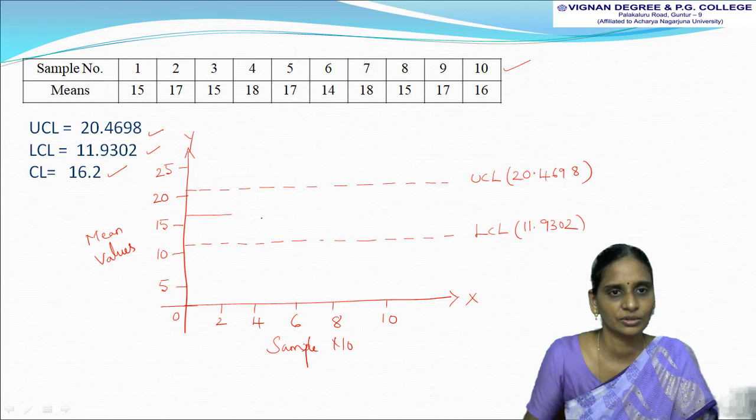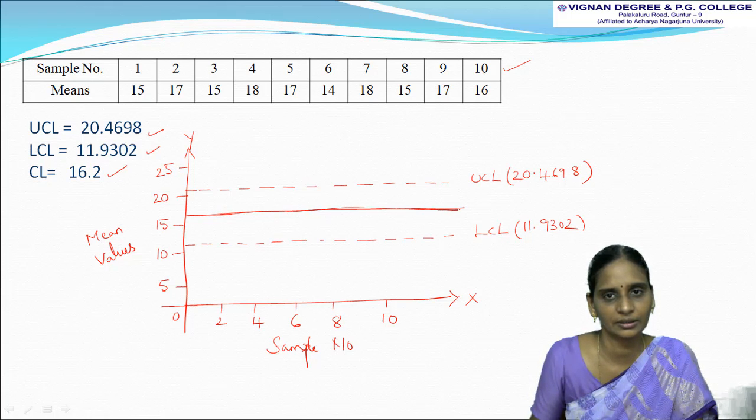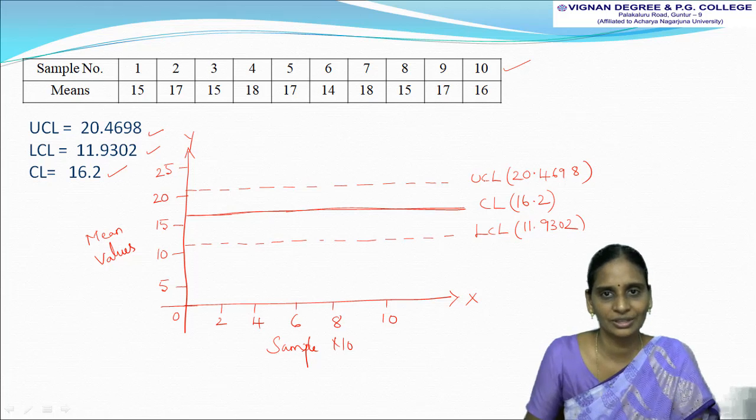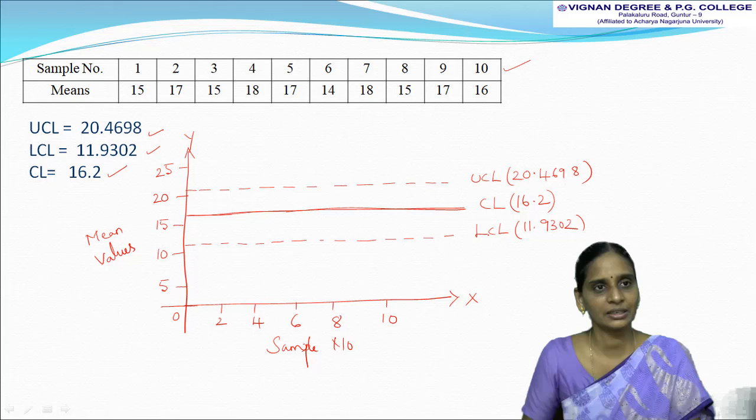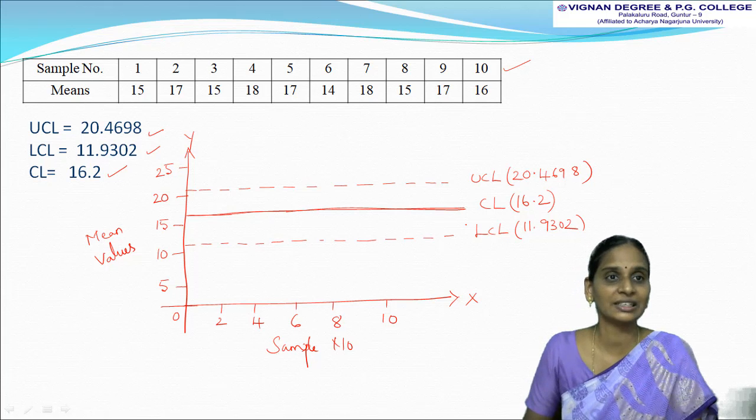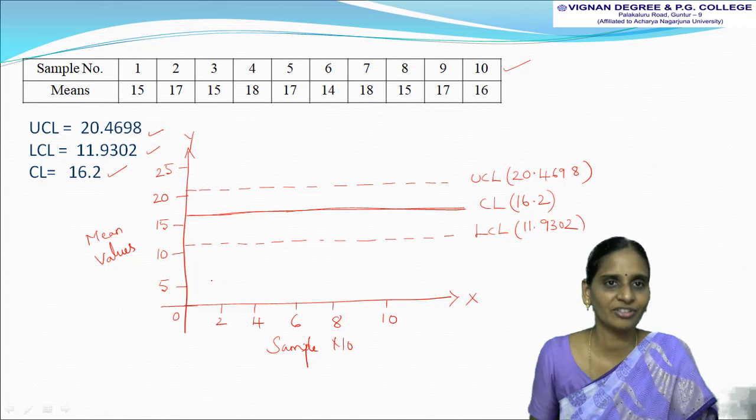So I have to draw a solid horizontal dark line. So this is a CL, this is 16.2. So these are the three control lines, and we have to plot the mean values corresponding to each and every sample.